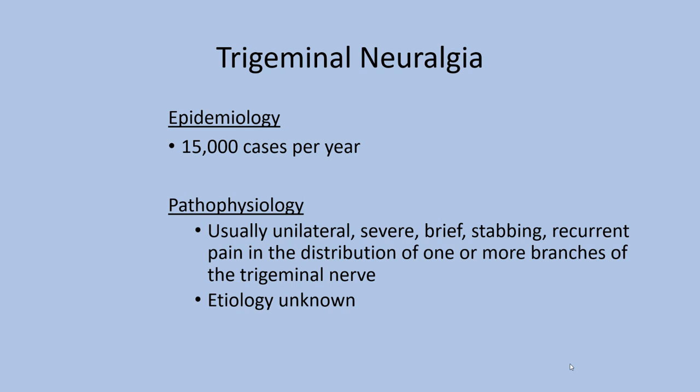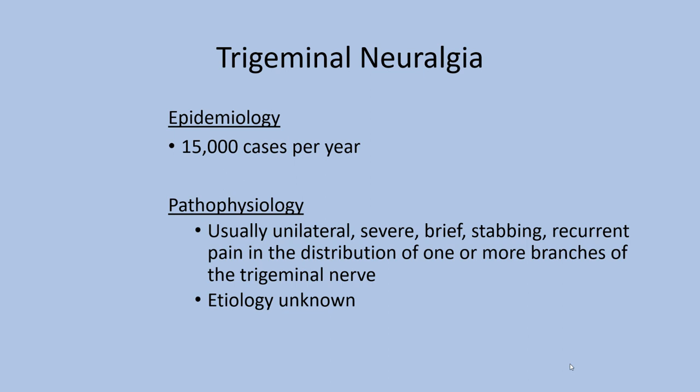Trigeminal neuralgia as well. So pathophysiology, it's usually a sudden, unilateral, severe, brief stabbing, recurrent pain in the distribution of one or more branches of the trigeminal nerve, which is cranial nerve 5.